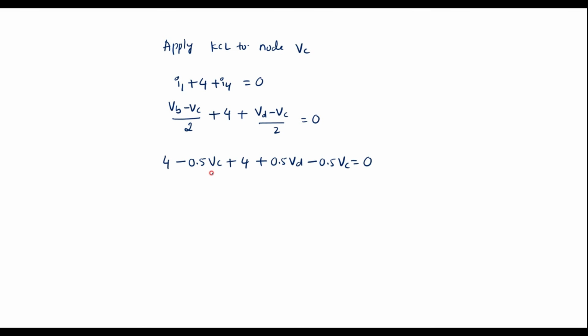Let me simplify. Minus 0.5 Vc minus 0.5 Vc is minus Vc, and here we have plus 0.5 Vd, and 4 plus 4 is 8. I'll take 8 to the other side, it will be minus 8. Let me call this equation number 4.